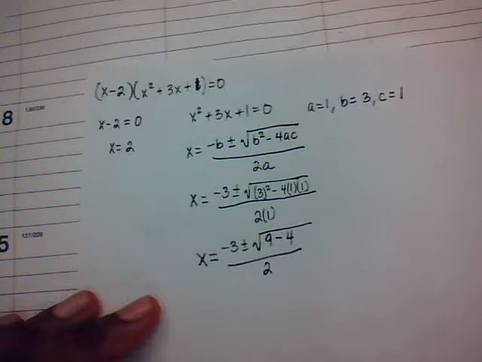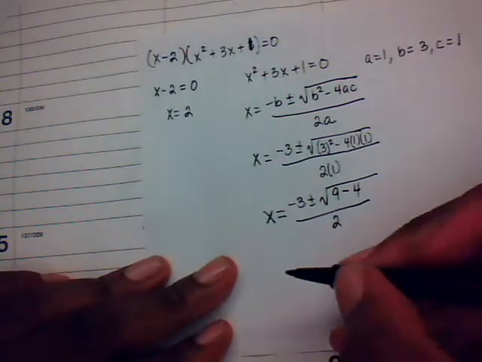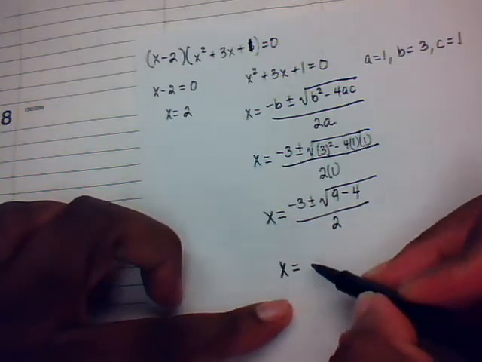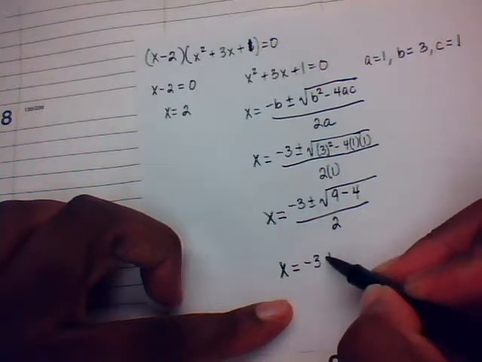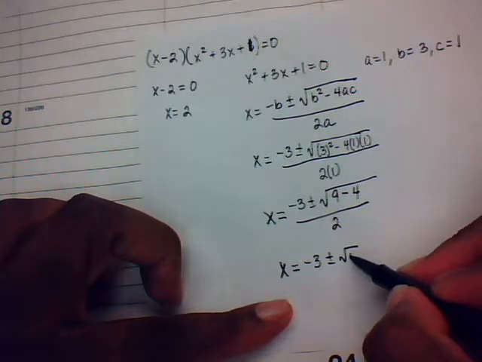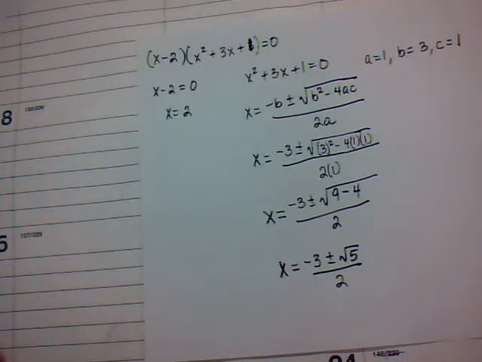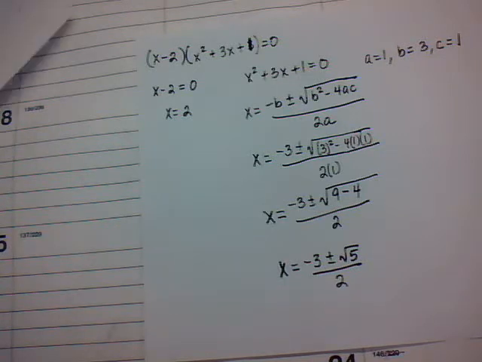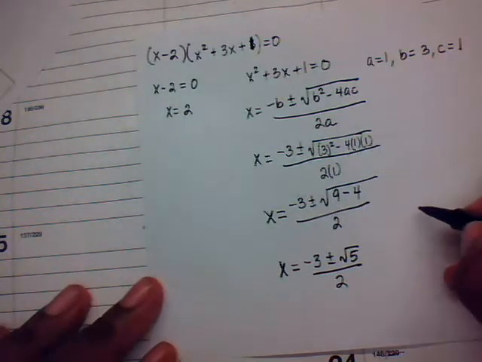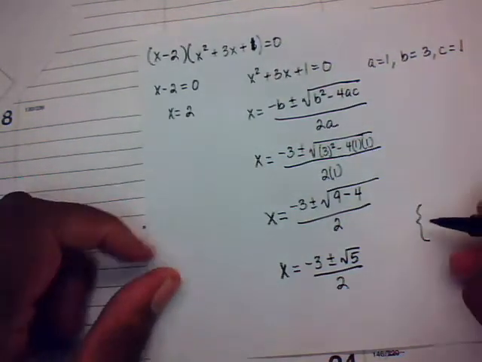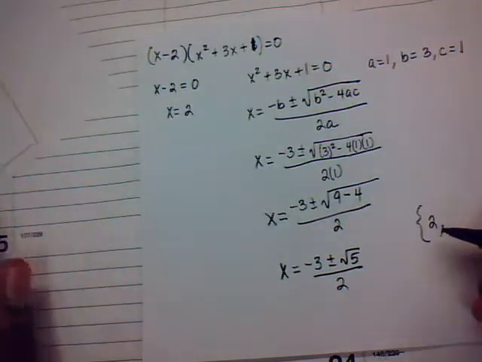Now 9 minus 4 will be 5, so here we're going to have x is equal to negative 3 plus or minus the square root of 5, and all that's going to be over 2. And unfortunately, that's going to be as far as we can go with that particular problem here. So in this case, my solution set, of course, x is equal to 2, so we're going to have a 2 here.